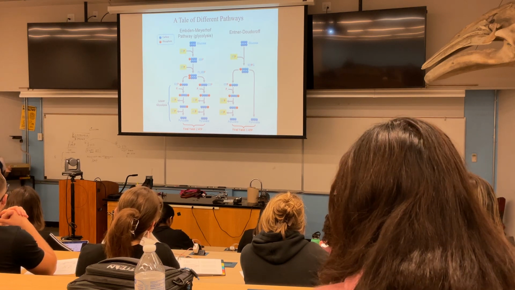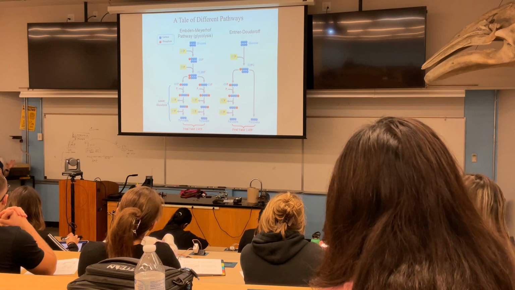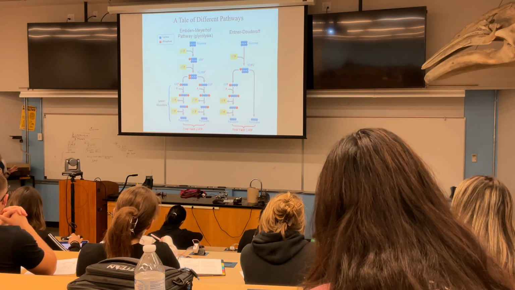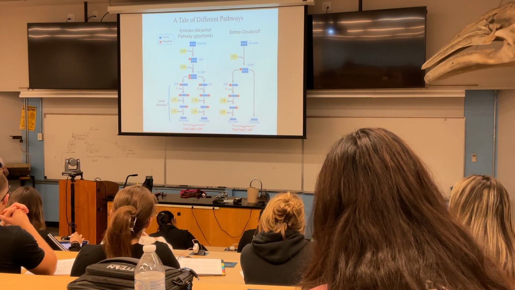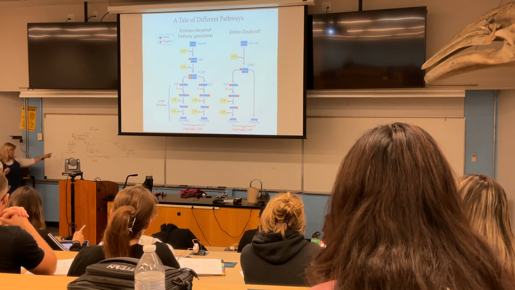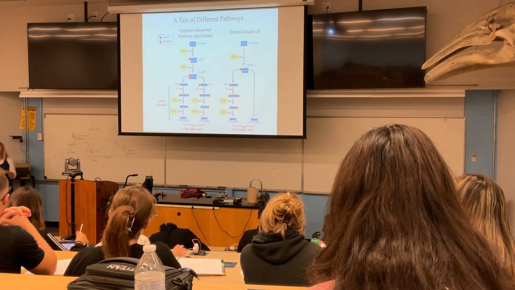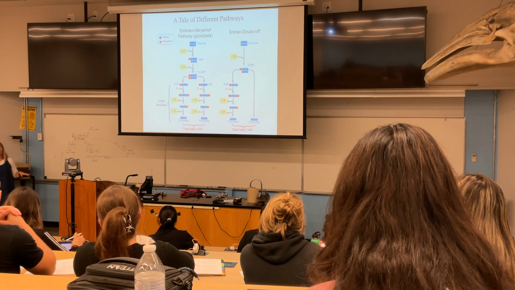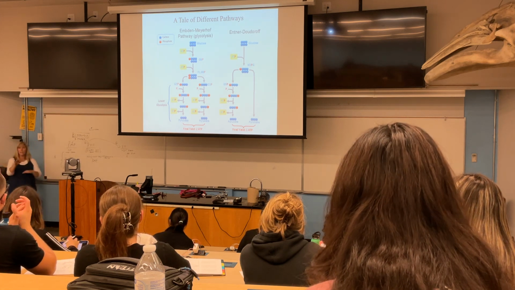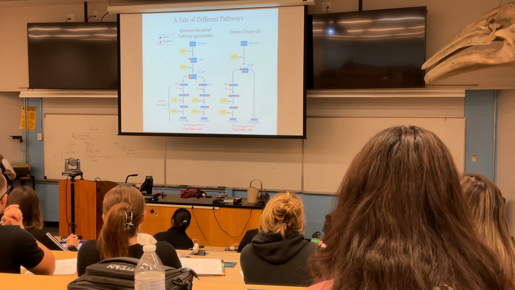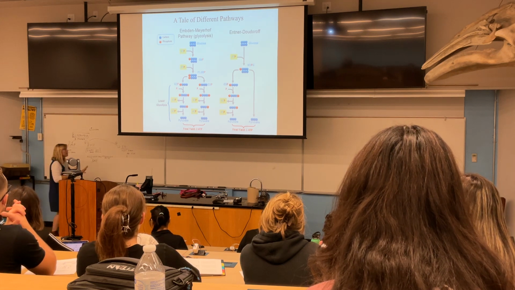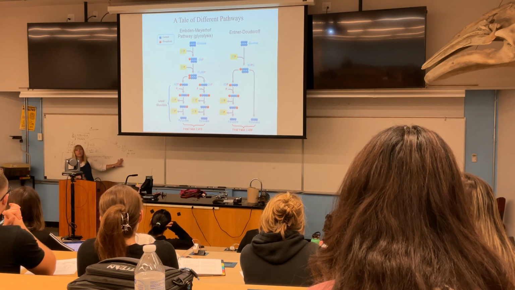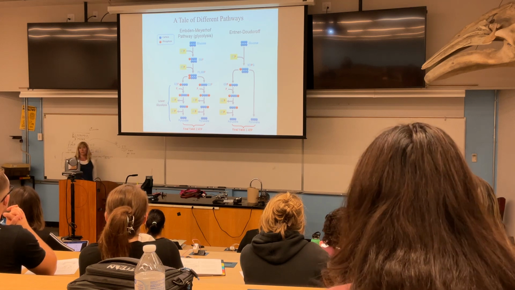If I said this is the pathway that most prokaryotes do and all eukaryotes do, which one would that be? EMP. If I said this is the one that few prokaryotes do, the ED, all right?